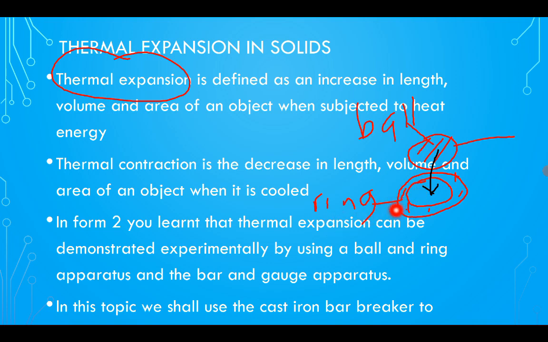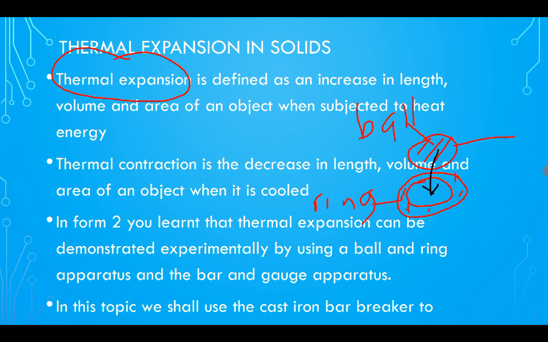All right. You can also go through your Form 2 notes, just to remind yourself how the bar and gauge apparatus can be used to show the phenomenon of expansion.